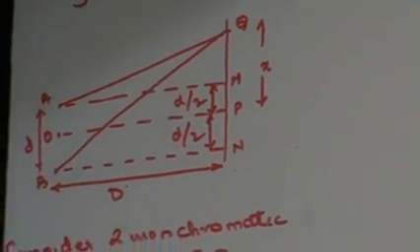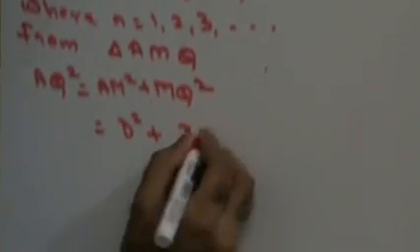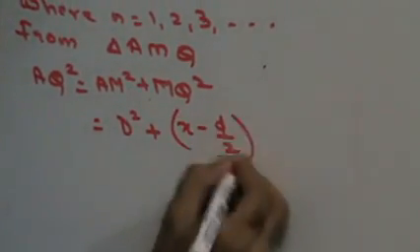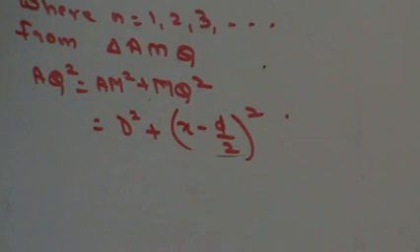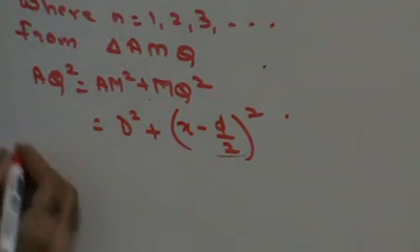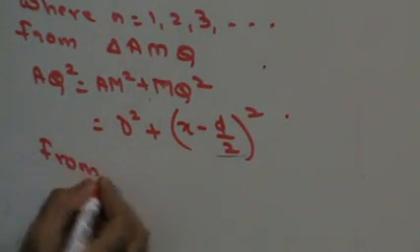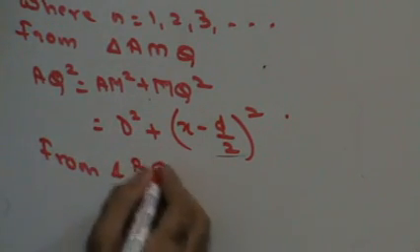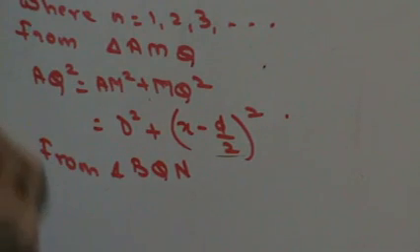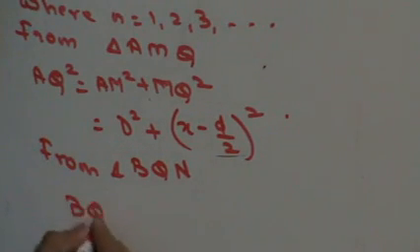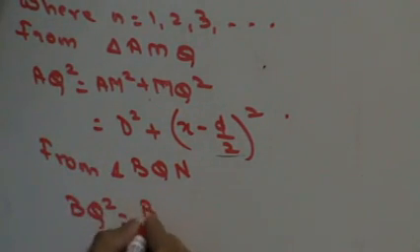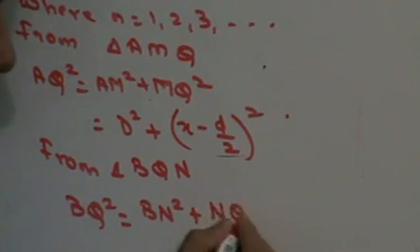So QM can be written as (x − d/2) the whole square. Do we get this thing here? Now similarly, from triangle BQN, I can say that BQ square is equal to BN square plus NQ square.